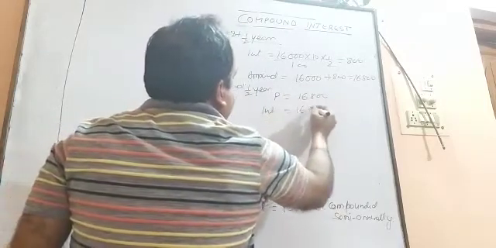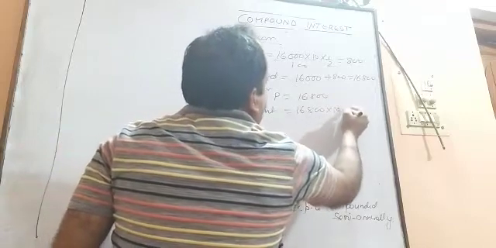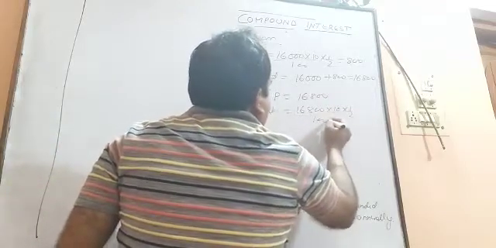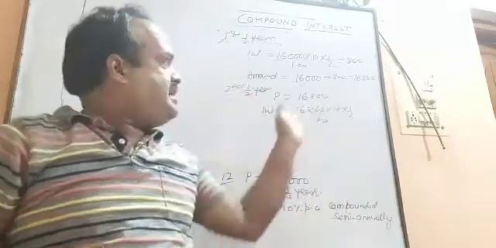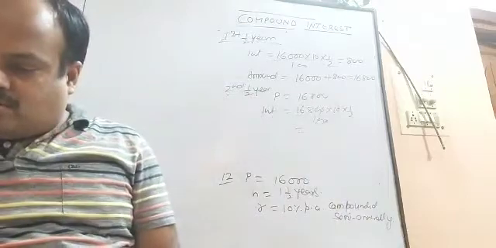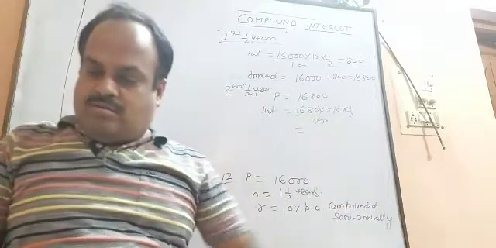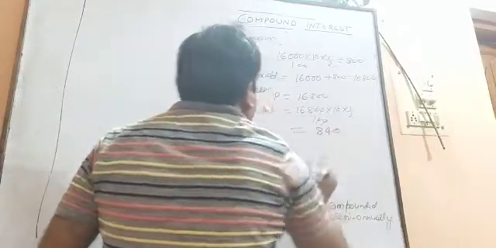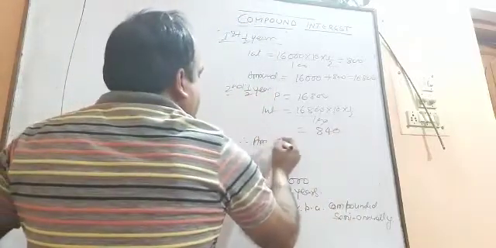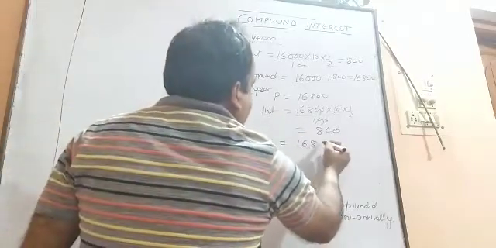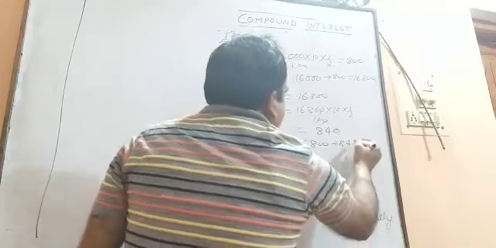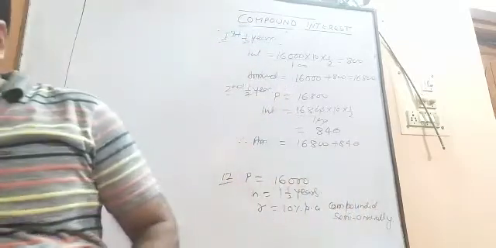Interest on this is 16,800 into 10 into 1/2 upon 100, which comes as 840. Therefore, amount at the end of second half year will be 16,800 plus 840, which comes as 17,640.